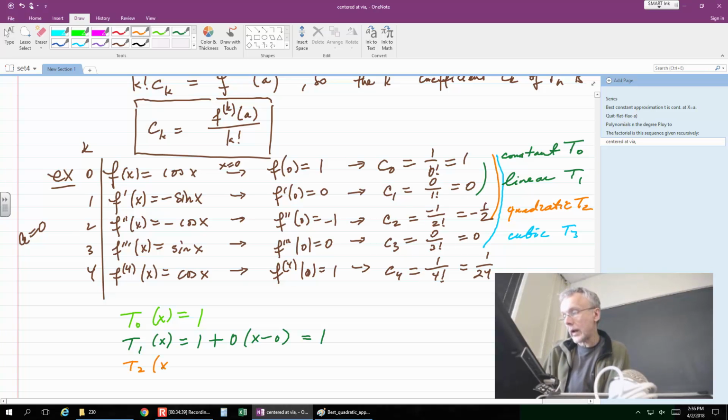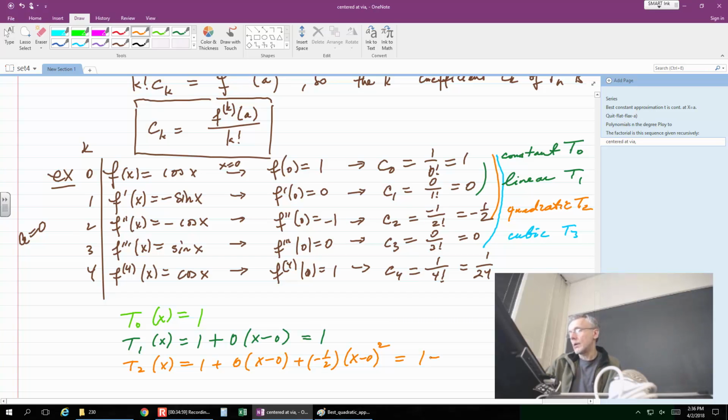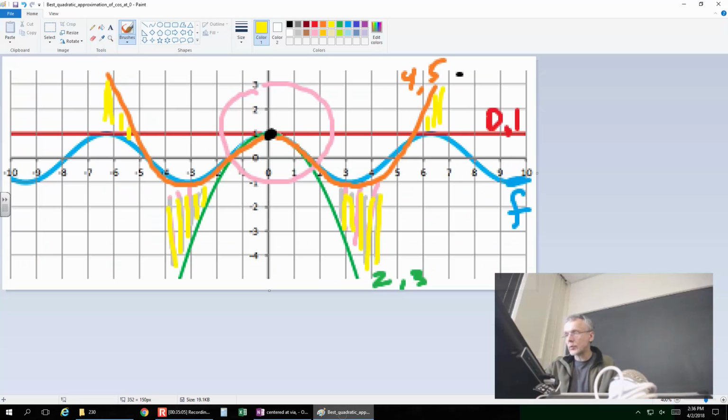Okay, so further, for the quadratic, I'm moving to T2. Once again, I am recycling the first two terms. Okay, so I still have these, and I add one more term, whose coefficient is negative 1/2, times x minus 0 squared. In other words, it is 1 minus x squared over 2, which happens to be in green here.